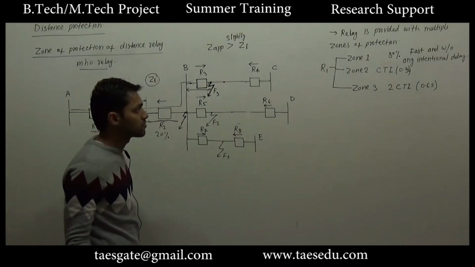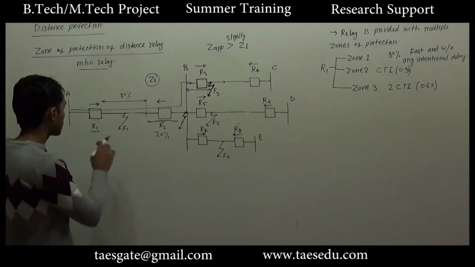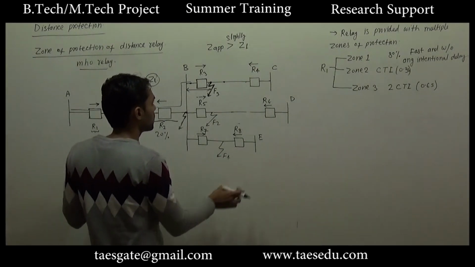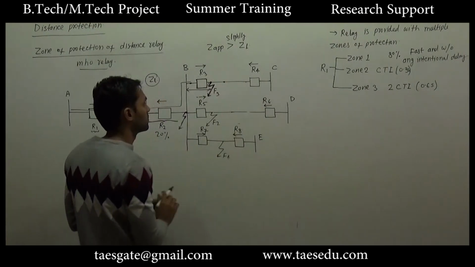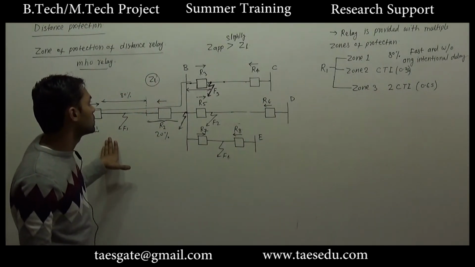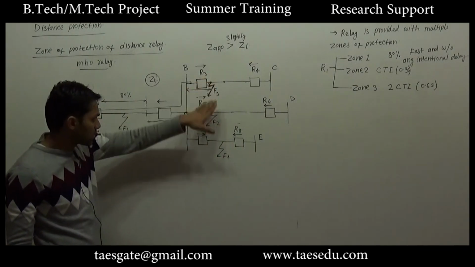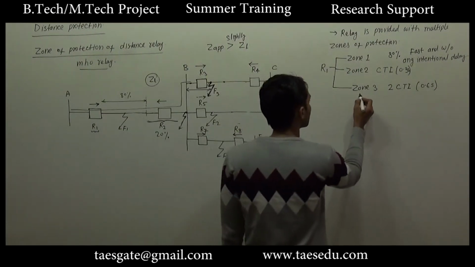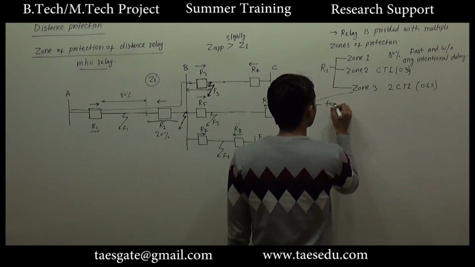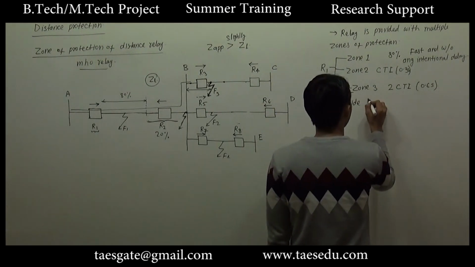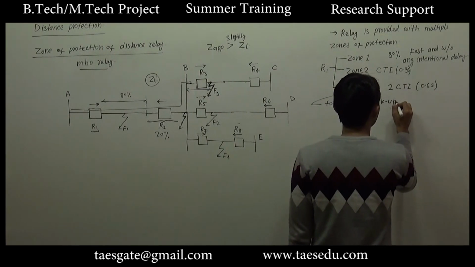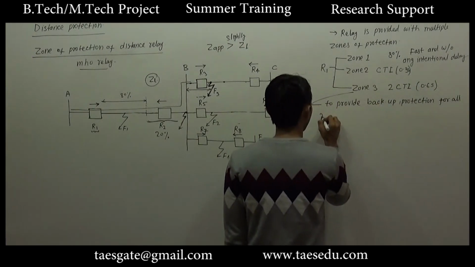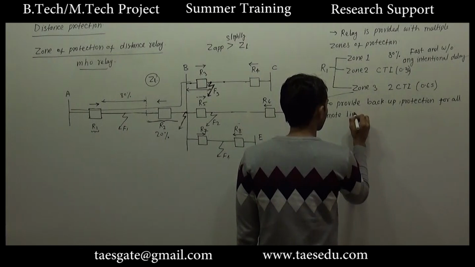As we discussed in the case of zone 2 protection, that zone 2 protection of relay 1 does not provide backup protection for the whole remote line. This provides backup protection for only those faults which are on the remote line but near bus B. So the purpose of zone 3 is to provide backup protection for all remote lines.